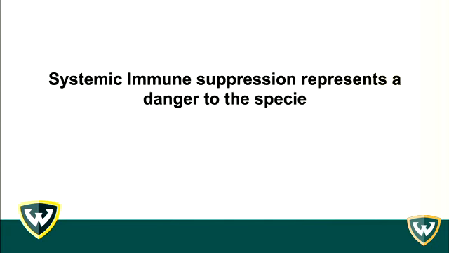And in addition, systemic immune suppression during pregnancy represents a danger to the species. Because the most important evolutionary period in the human species or any species is the pregnancy time, when the species is maintained, the genes are transferred. And if during that time the female is immunologically compromised, the species will disappear.